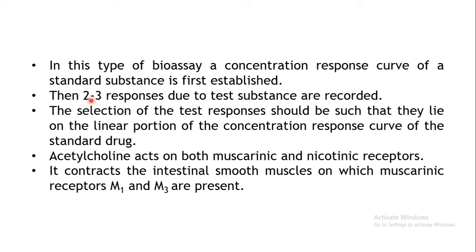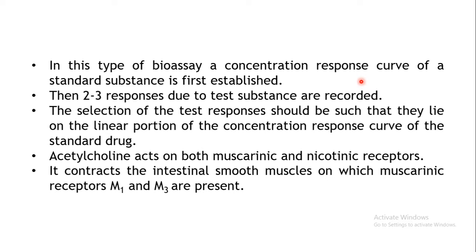Next, the test response is recorded. Say 2 to 3 test responses are recorded. The selection of the test dose should be such that it lies in between the linear portion of the doses which you have selected for the standard DRC. This will be clearer when you have a look at the actual responses.